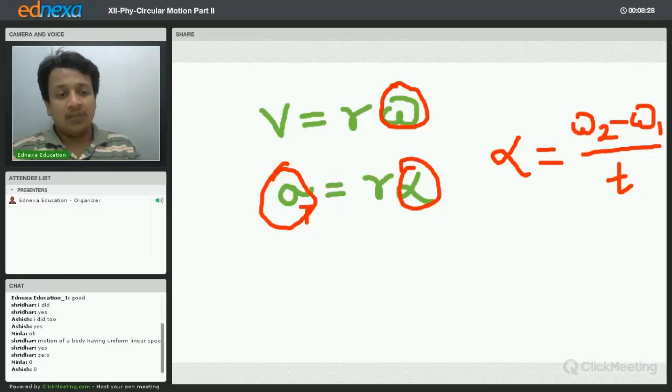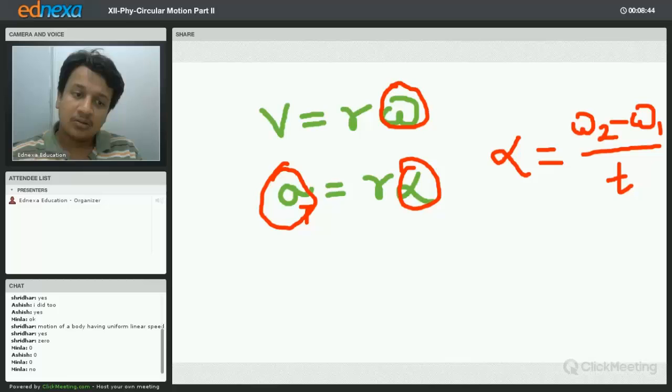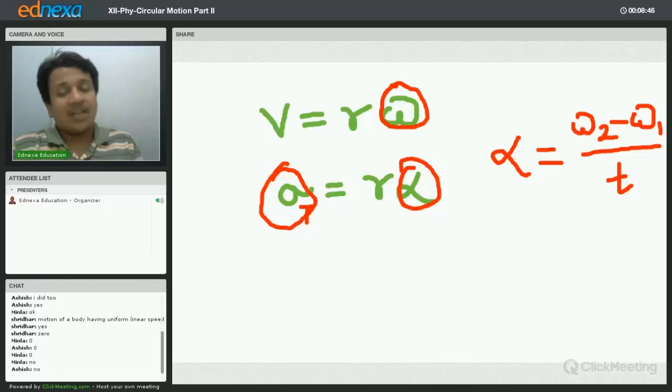When acceleration is 0, force is also 0. And the body is in motion. Can a body remain in motion if force is 0? No. A body cannot remain in motion if force is 0. Yes, Meena and Ashish answered correctly.